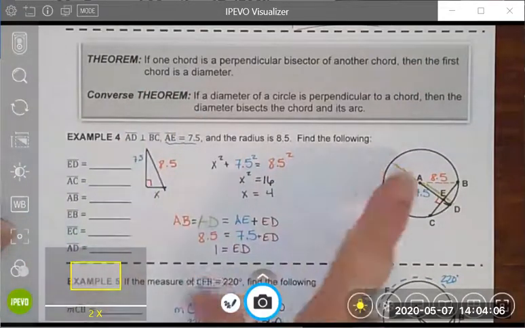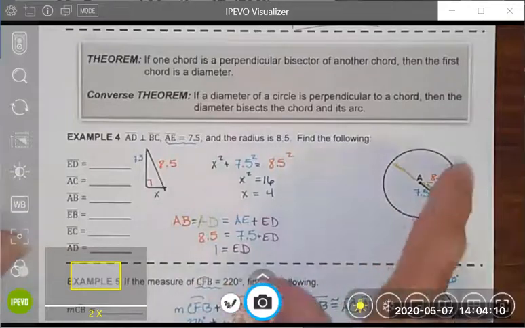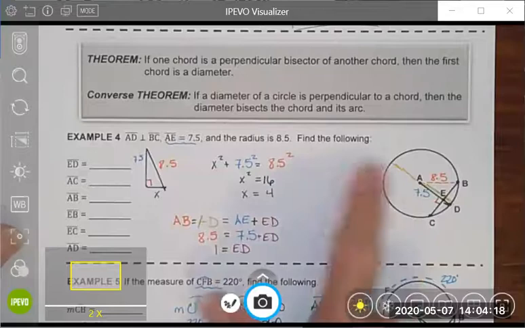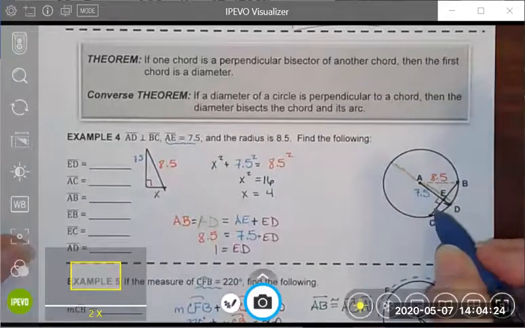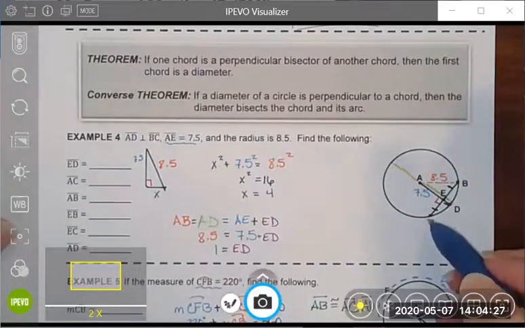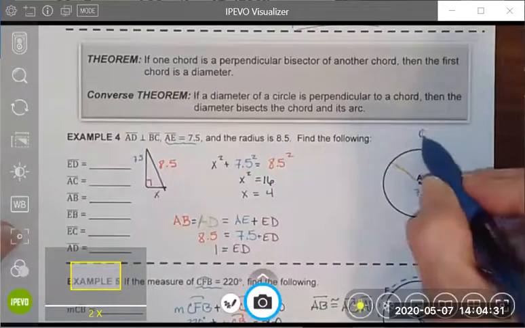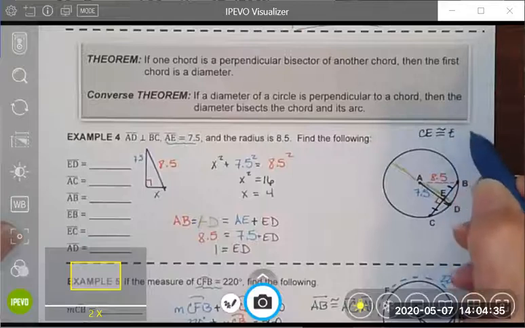So this theorem is saying that when you have a radius or a diameter that is perpendicular to another chord in the circle, then the first chord is a diameter. But because it's a perpendicular bisector, you know that the segment from C to E is going to be congruent to E to B. So I'm just going to write that. CE is congruent to EB.